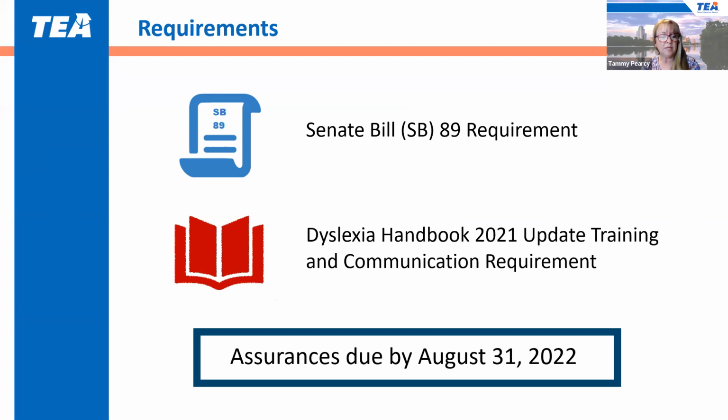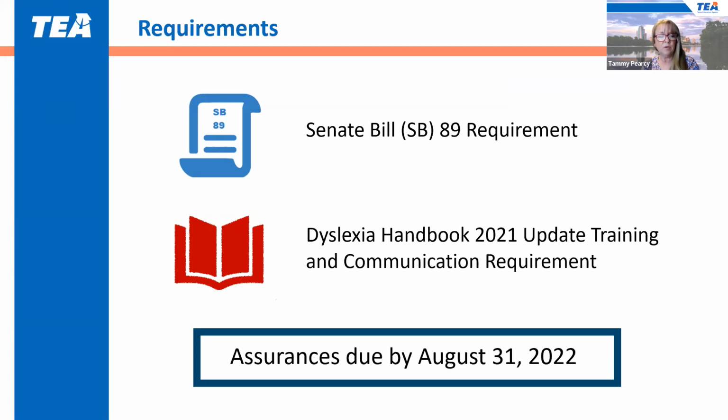So the requirement to have that supplement to consider compensatory education services was written into SB 89 and put into Education Code 29.0052. The assurance is that by May 1st of this year, 2022, if a child's IEP does not contain the information required in SB 89, a supplement has to be applied and completed.